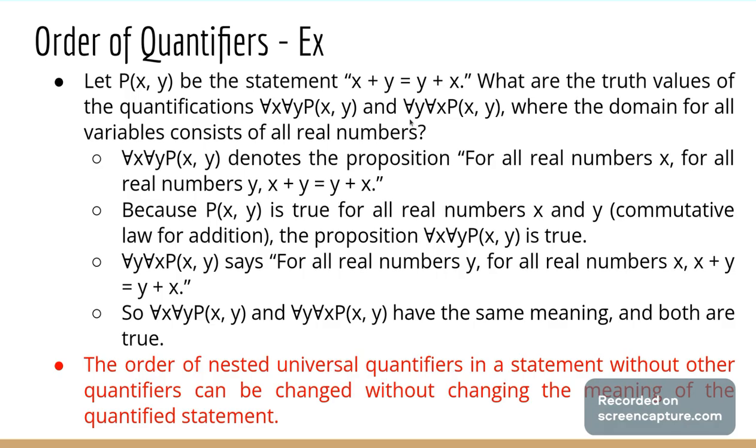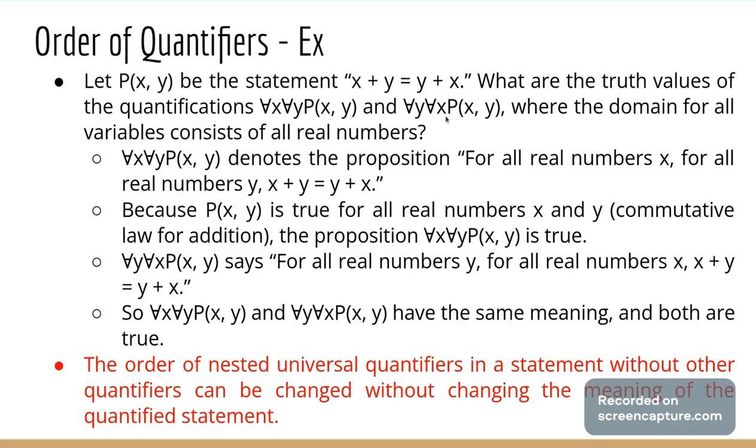And for all y, for all x is just a similar statement. There is no actual difference between these two statements. We are saying for all real numbers, taking two real numbers, x plus y will be equal to y plus x, the commutative law of addition.